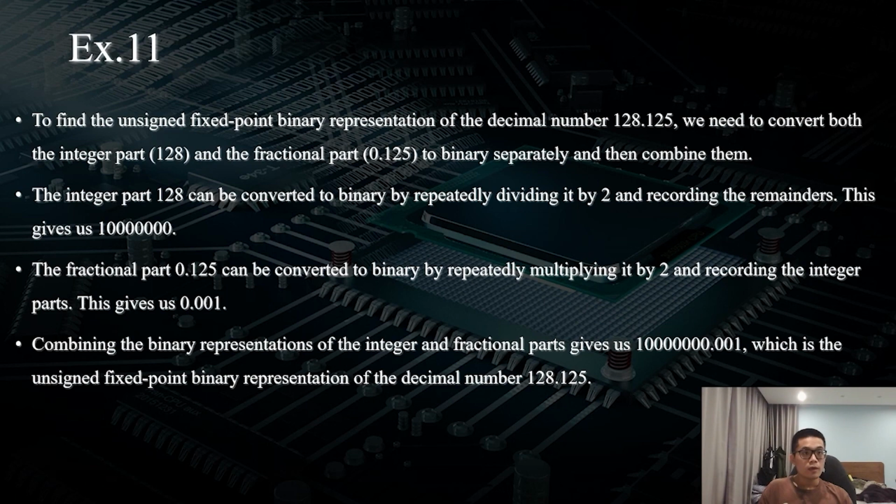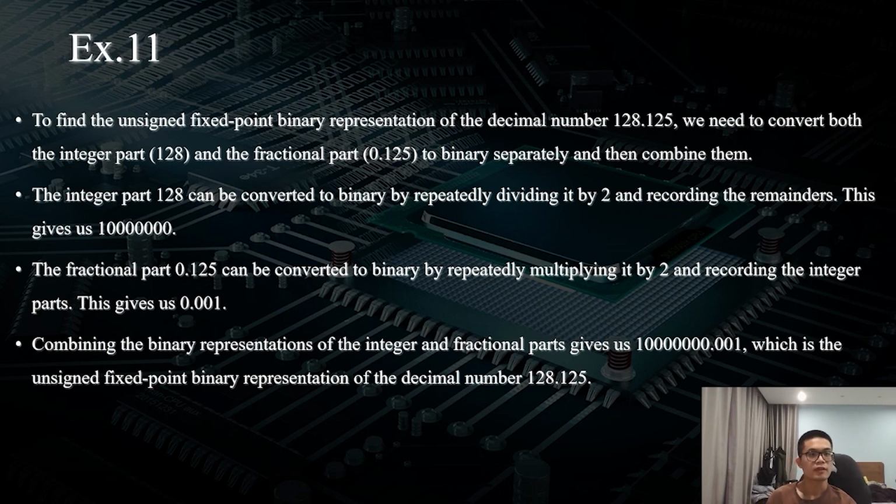The first part is the integer part. 128 can be converted to binary by repeatedly dividing it by 2 and recording the remainder. This gives us 10000000.